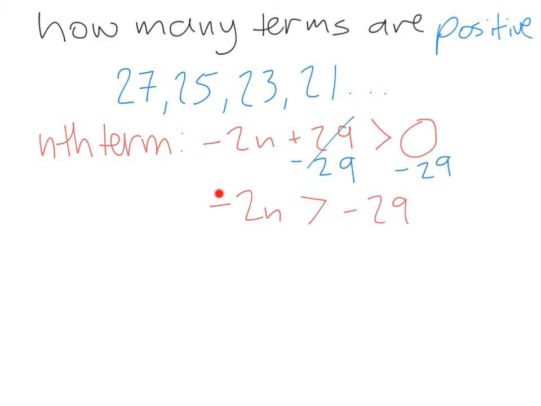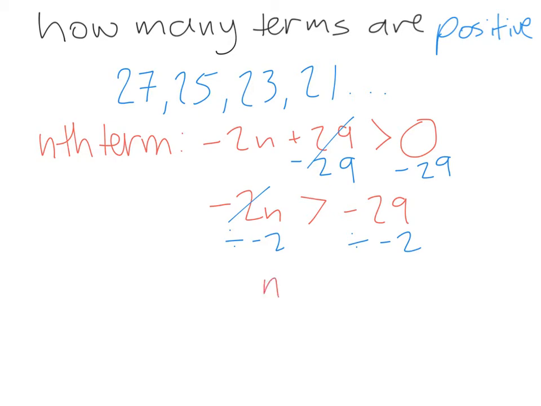Now I need to get rid of this minus 2. Since the minus 2 is stuck onto the n, and two things stuck together in maths mean multiply, and the opposite of multiply is divide, we have to divide by minus 2. If I divide by minus 2 on the left of the inequality sign, I must divide by minus 2 on the right, because I must always balance the equation.